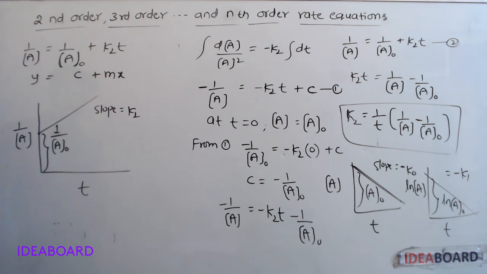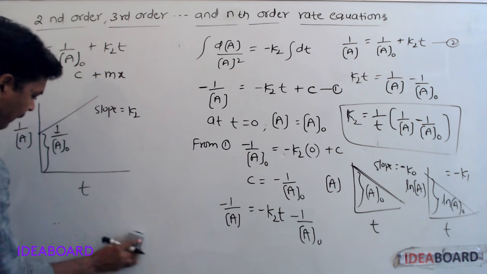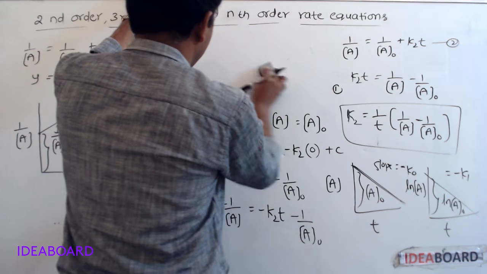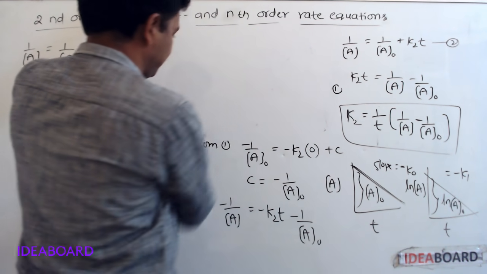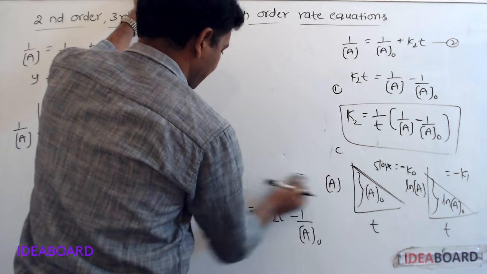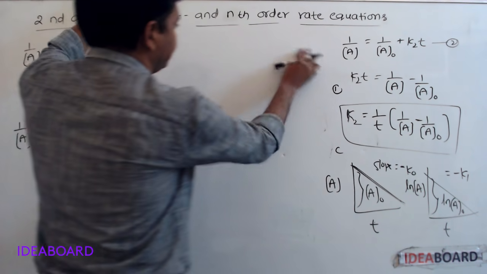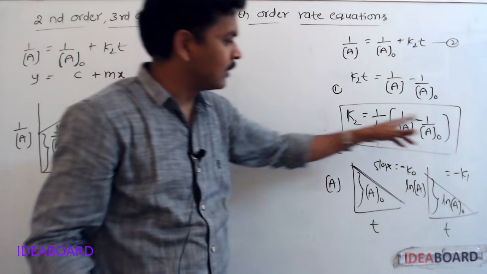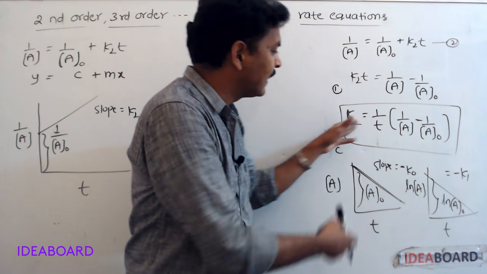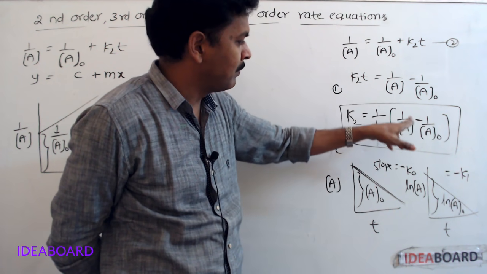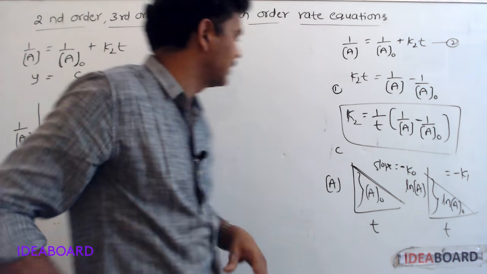Y-intercept is 1 by A naught. So this is the second order integrated rate equation: K2 is equal to 1 by T into 1 by A minus 1 by A naught.